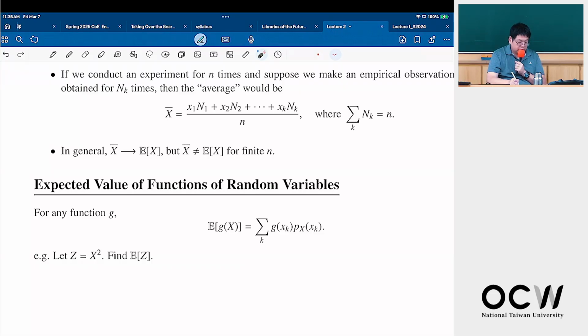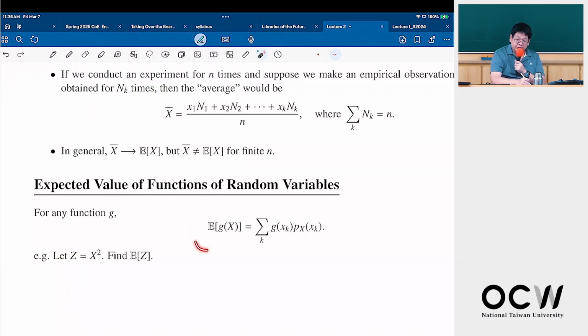For this example, z equals x squared. We know the PMF of x, but we probably don't know the PMF of z, or the PMF of z is so complicated, hard to express.